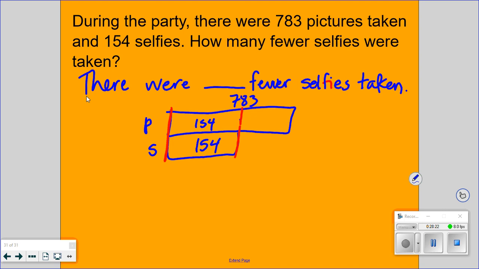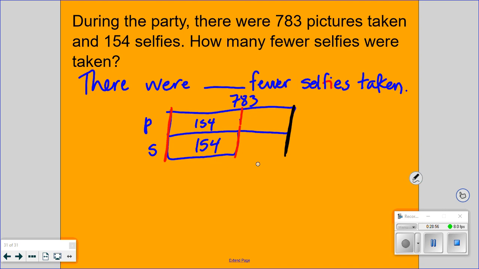Now the tricky part. Fewer. Where is the fewer amount? That's tricky. Where is fewer? Texan, I saw you doing some lines of equality there. Where is fewer? On the bottom. Yeah, so I saw Paxton. I'm going to change my marker again. He started saying, okay, well, if they're here and they're equal, then this section right here is where it's missing.